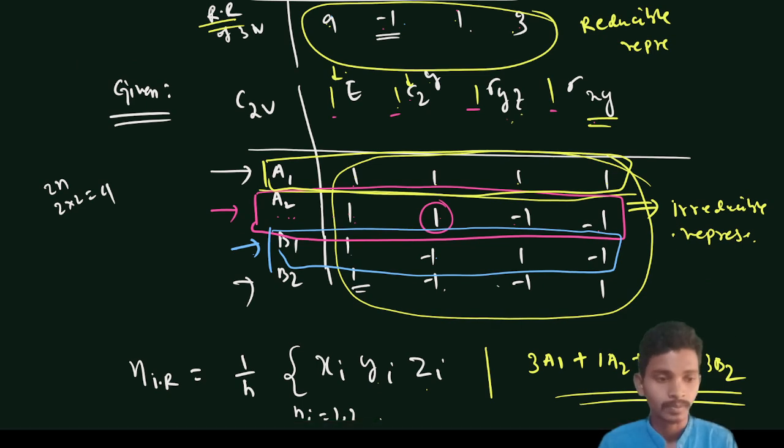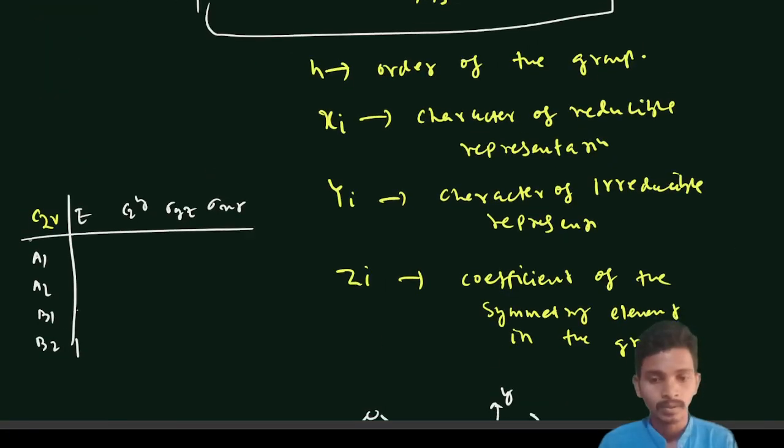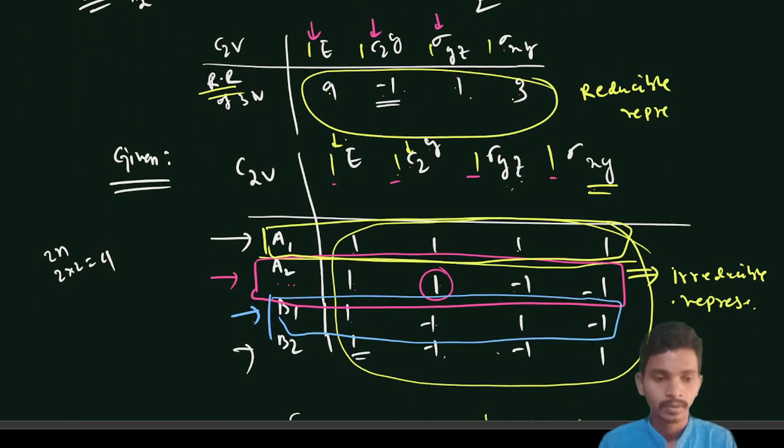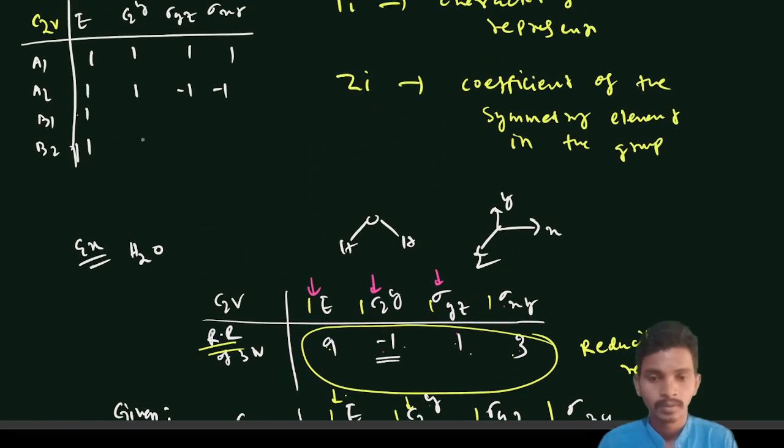That's why I'm looking at this value. The same value I have to put, otherwise that value will get interchanged. Okay, 1, and here 1, I take -1 -1, -1 1 -1, and this is -1 -1 and 1.